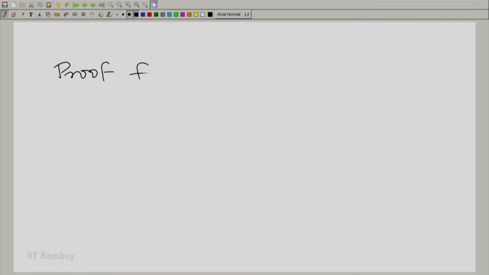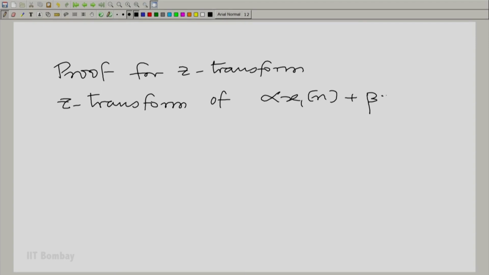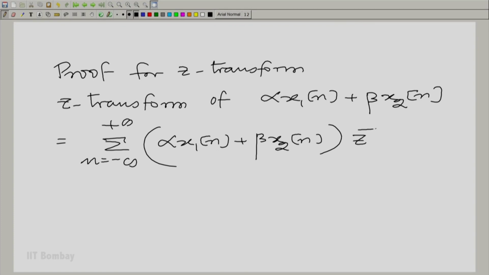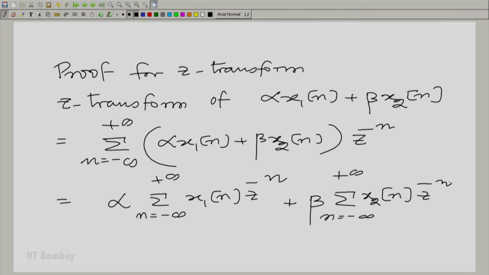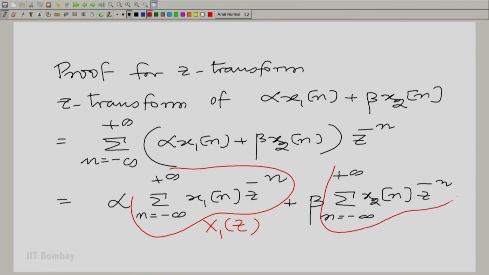Now, let me carry you a few steps for the same reasoning in the context of the Z transform. Let me first complete the proof for the Z transform. So, the Z transform of a linear combination is essentially this expression, which can now be broken down, and you can very easily see that this essentially corresponds to capital X1 of z, and this essentially corresponds to capital X2 of z.